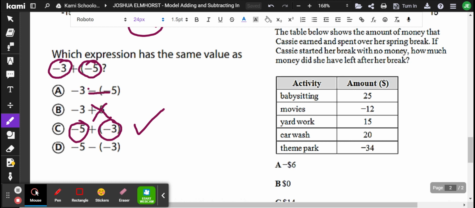Taking away negatives means you're getting more positive, so this is not a positive 5, and that is not a positive 3. So it looks like the most correct answer would be C.